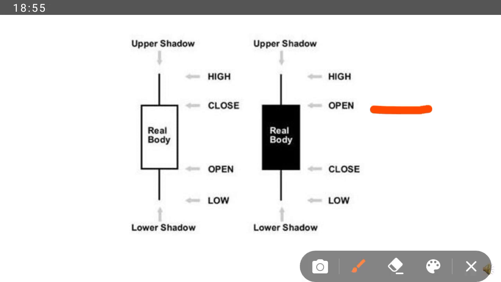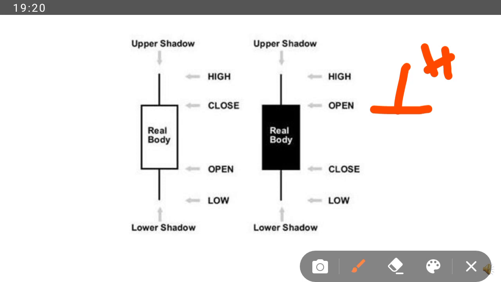It opened up, and after it opened, it went up, but it didn't stay there. So it went up, and that is the high. They have the same high and the same low. The only difference is their opening and closing price.